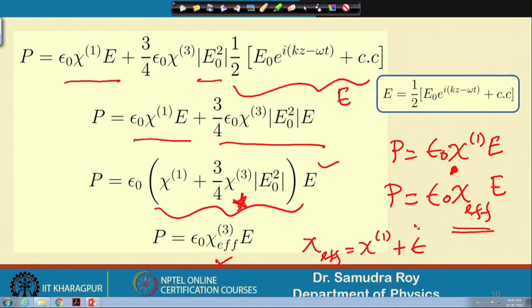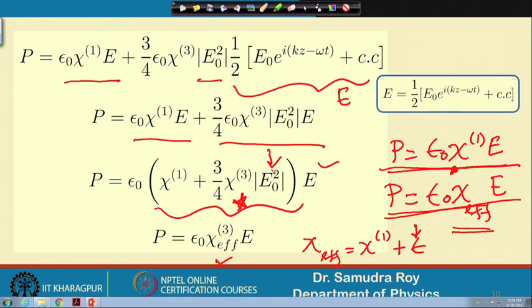So, this epsilon is now related to the third order nonlinear effect. So, the final thing is, now I write polarization exactly the way I have written in the linear form. This looks linear, but this is not a linear form, because in chi effective we have the mod of E 0 square term, that is important.